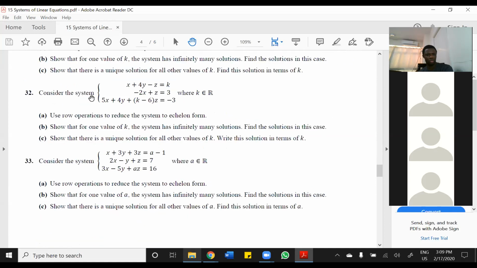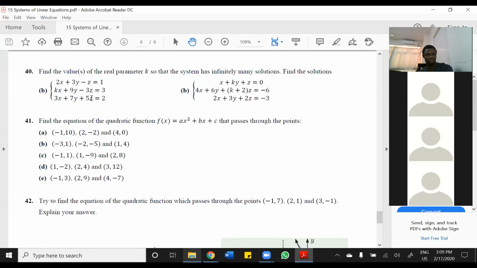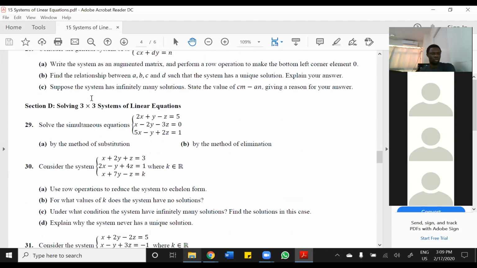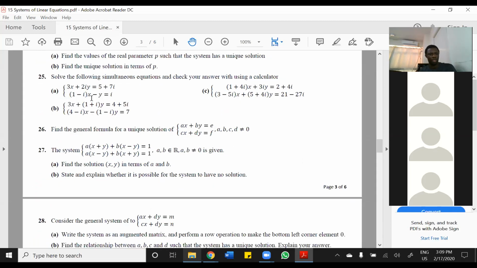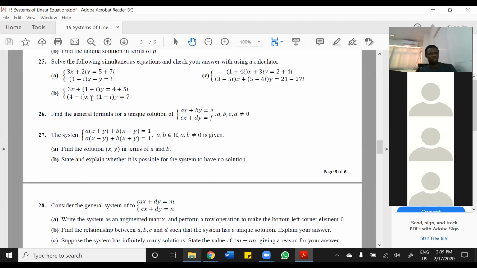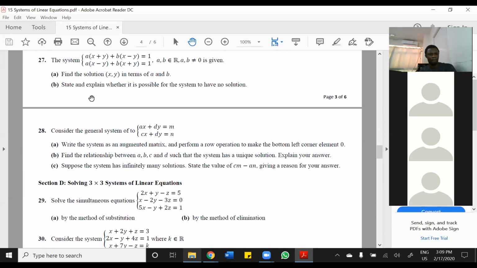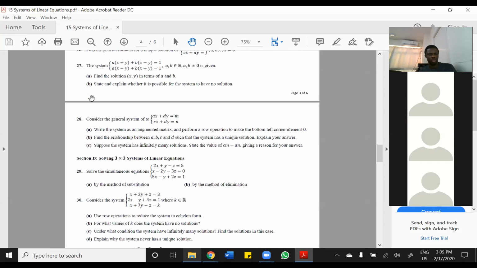Only 25 as complex number. I thought I put some questions 3 by 3 on complex number. Okay, so we go to 25. So after you attempted 29, please consider 25, maybe 25A. So attempt 29, then go to 25A.